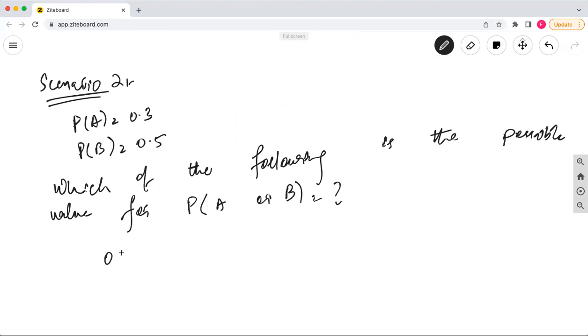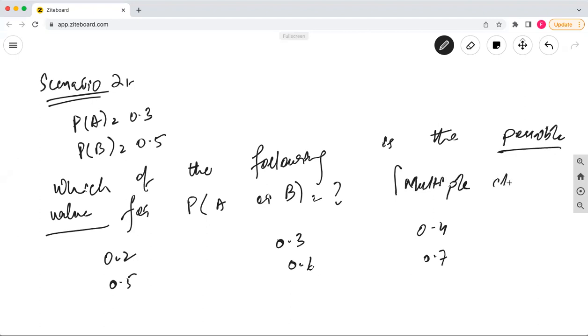For example, if I say 0.2, 0.3, 0.4, 0.5, 0.6, and 0.7. Again, we are asked to find the possible value, and this is a multiple choice option. So let's try to build up some range, the minimum and maximum value. And we are asked probability of A or B, right?